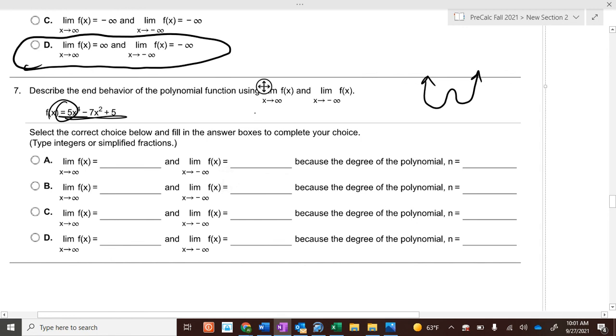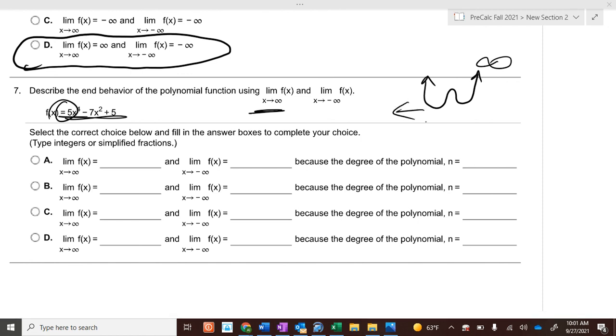So as you go towards infinity, where does it go? Infinity. As you go towards negative infinity, where does it go? Up to infinity. So as we go, and then I don't know how they want this one to be answered, but as we go towards infinity, it's infinity. As we go towards negative infinity, it's infinity, because the degree of the polynomial is 4.